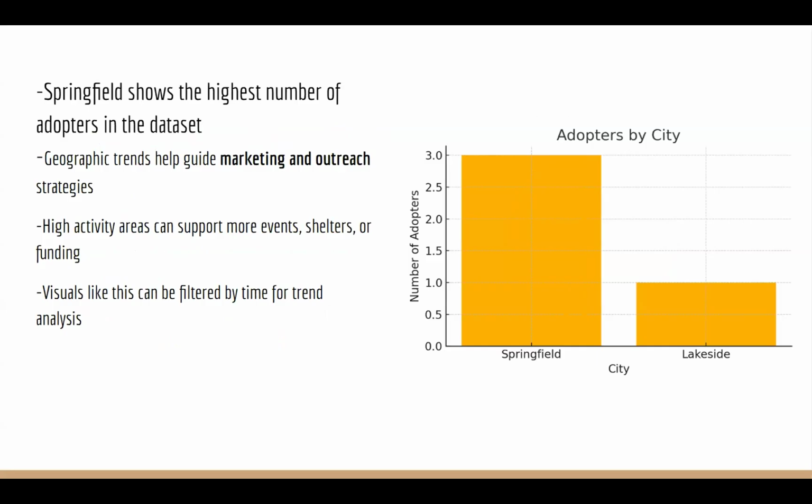And lastly, a visual like this can be filtered by time for trend analysis. The bar chart highlights adoption activity by city. Springfield stands out with the most adopters, which suggests we could prioritize outreach or event planning there. These kinds of visualizations also help uncover underserved regions that may benefit from additional support.